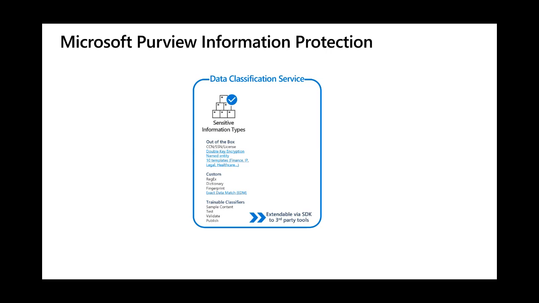Then we can take these labels and assign them to various policies, be it retention, protection, or data loss prevention policies, across the entire Purview, Defender, and Microsoft 365 ecosystem, as well as extending it to our endpoints and on-premises resources.